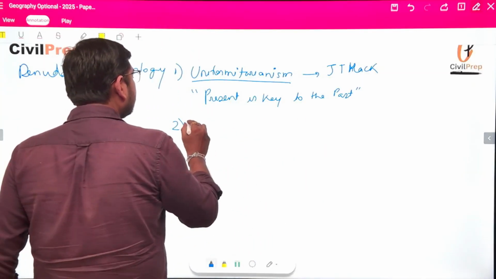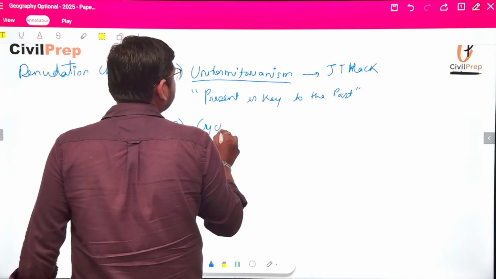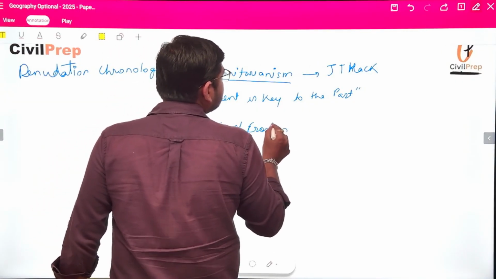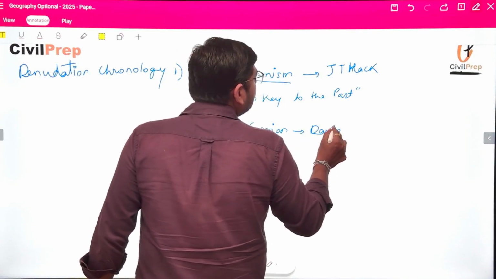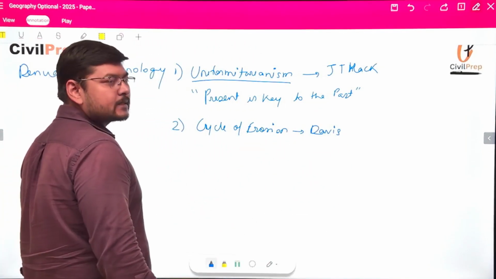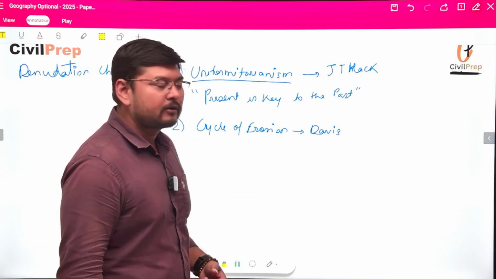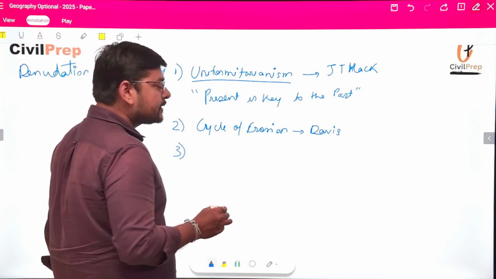So the second thing here is the principle of the cycle of erosion. This cycle of erosion was propounded by Davis. So any landform undergoes a sequential, cyclic development. And the third thing we'll be seeing here is the cyclic time.